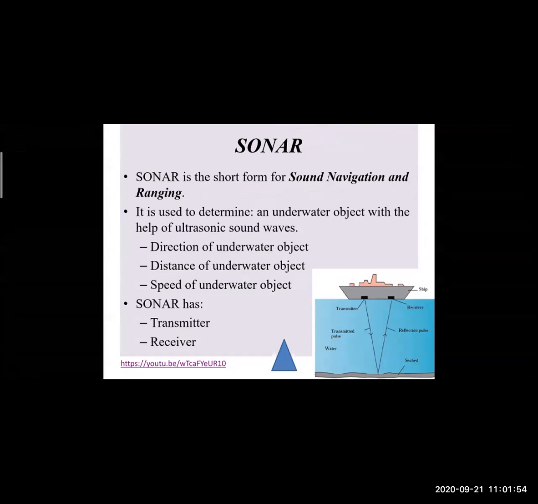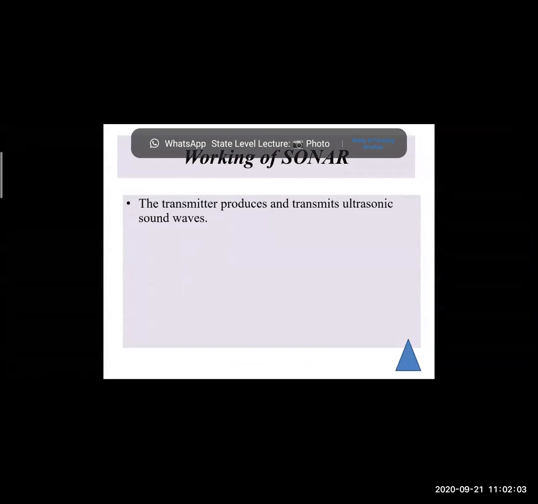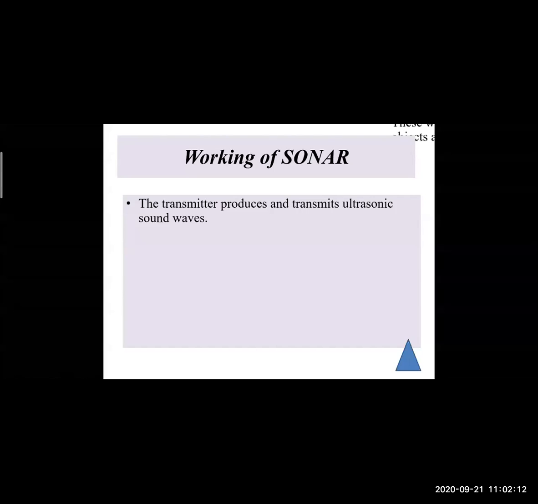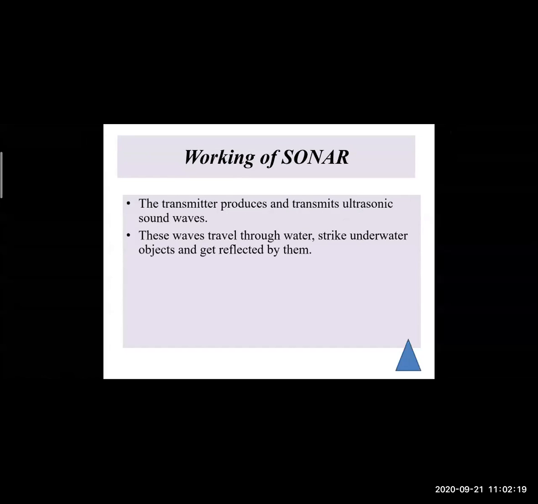Okay, so that was the sonar, and now we will see the detailed working of that sonar. The transmitter is producing and transmitting the ultrasonic sound waves. So these waves will travel through the saline water or any water. They will strike underwater objects or the different obstacles and get reflected from them.